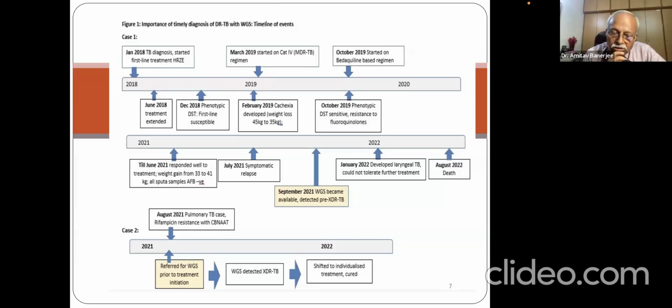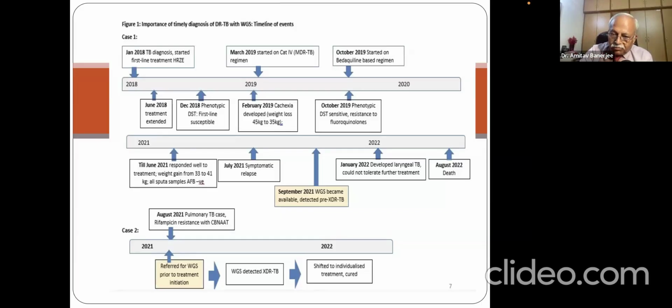And the cost also I tried to find out. I think it is 6,000 compared to 2-3,000 with the other methods per test. But you may save in the time, you may save in the duration of treatment. So the cost to the individual, the cost to the state or the community, it can compensate many times more. Firstly.